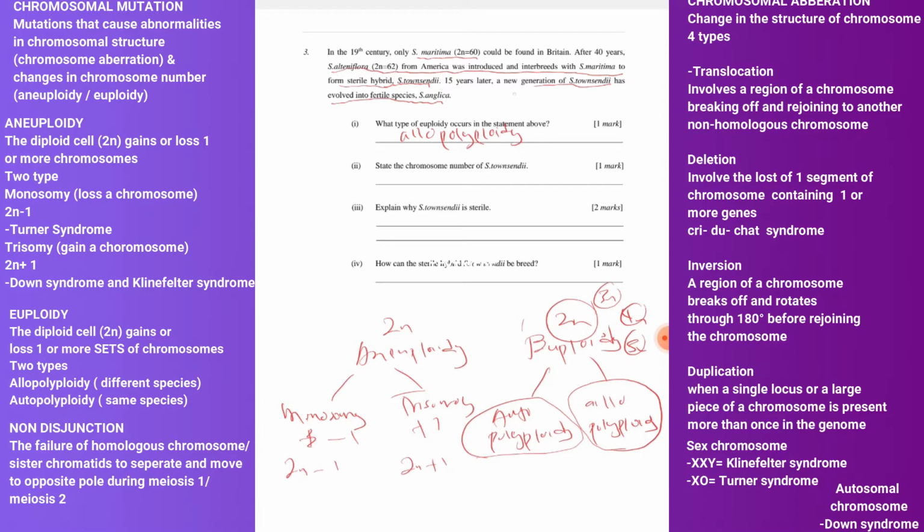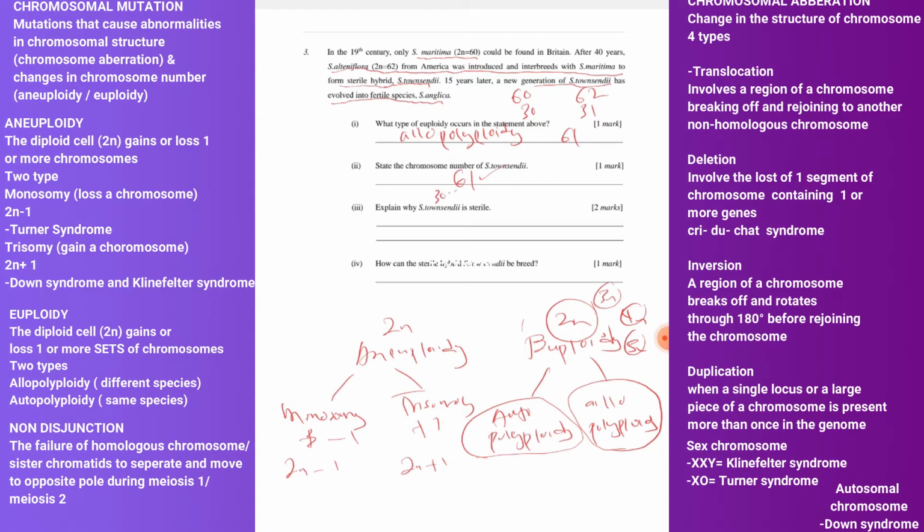So maritima has 60 chromosomes, alterniflora has 62 chromosomes. So the gametes are 30 and 31, and S. townsendi will form 61 chromosomes. Explain why S. townsendi is sterile. Since S. townsendi has 61 chromosomes, how can it form gametes?